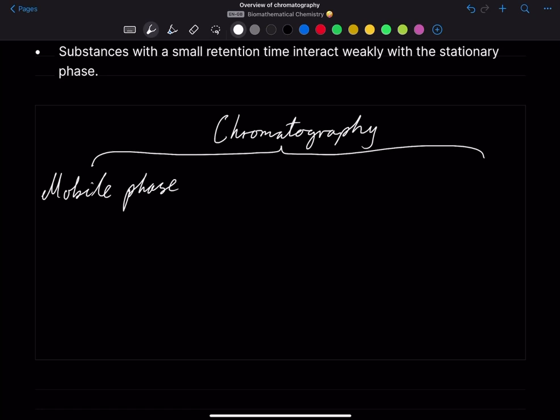Anyway, chromatography. What have I got to say to summarize chromatography? You've got the mobile phase, which is typically a solvent.